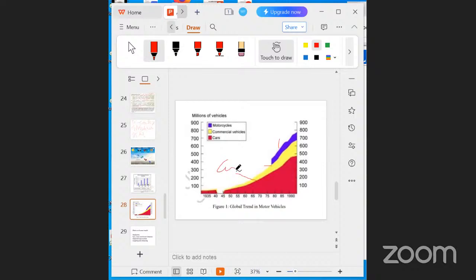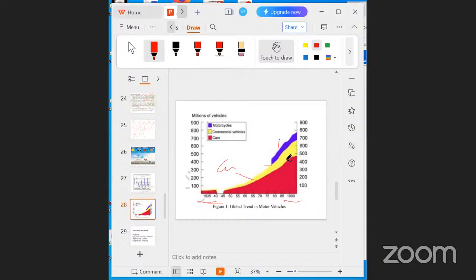These are the years from 1935 to 1990, in millions of vehicles, increasing from 1935 to 1990.